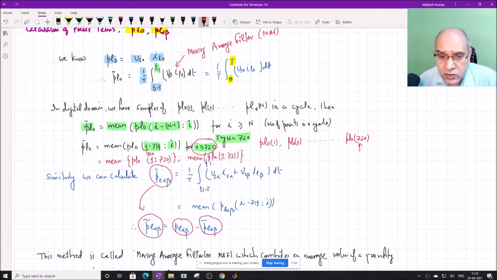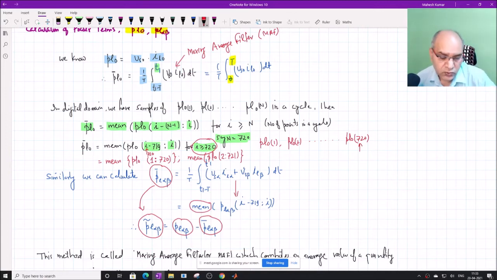Am I correct? So in a similar fashion we can compute PL alpha beta bar as 1 by T, integral from T1 minus T to T1, of Vs alpha IL alpha plus Vs beta IL beta dt. And this becomes the same thing as the mean value from i minus 719 to i. So mean is the MATLAB function that can be used to implement the average value.